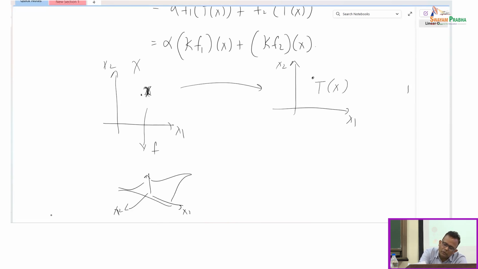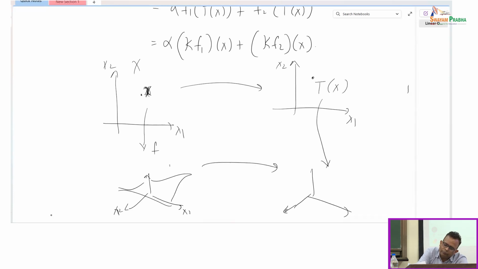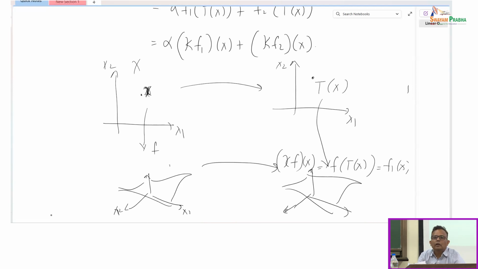Now you can ask, just like x evolves to T of x, how will this f function evolve to a new function? And that is precisely Koopman of f of x, which is given by f of T of x. That will be some function; call it f1 of x, perhaps.